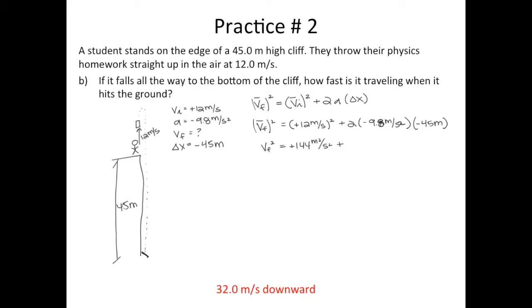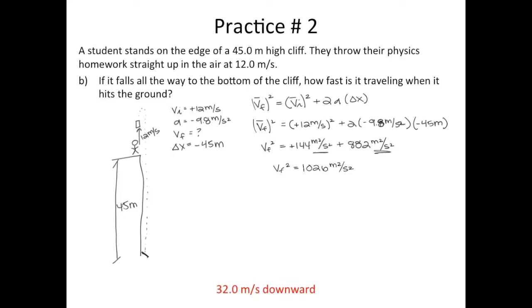Those negatives cancel, so we're left with a positive value of 882 meters squared per second squared, because we have meters times meters per second squared. Now, if you notice, these two numbers have the same units, so we can just add them together. So v final squared equals 882 plus 144, which is 1,026 meters squared per second squared.